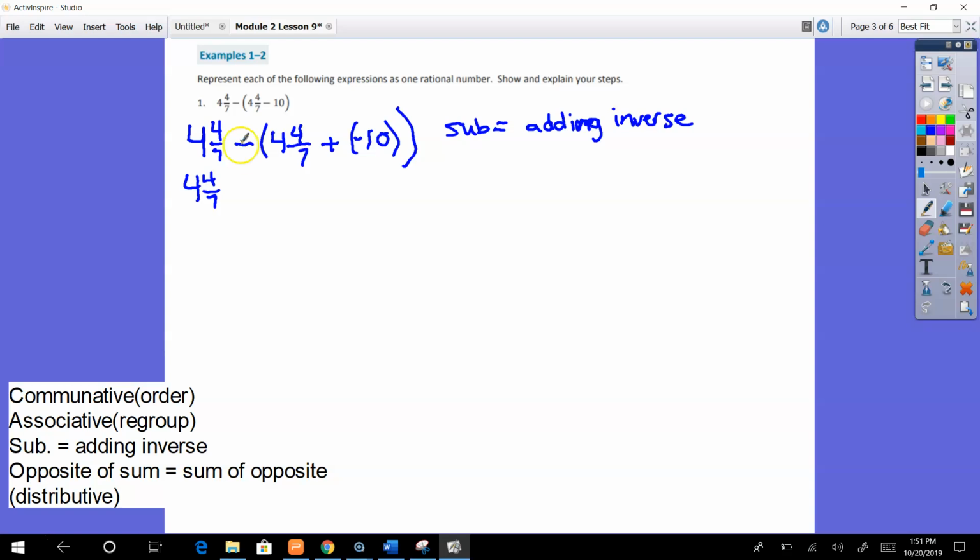We have the minus sign on the outside, so we're going to change it to addition. It's the same as adding the opposite of each. So the opposite of negative 10 is positive 10.